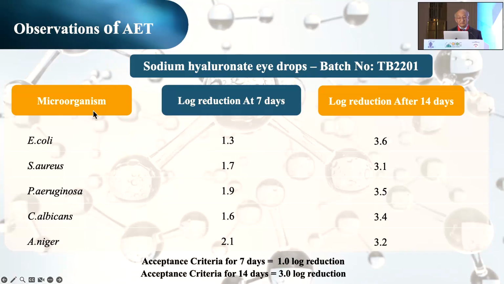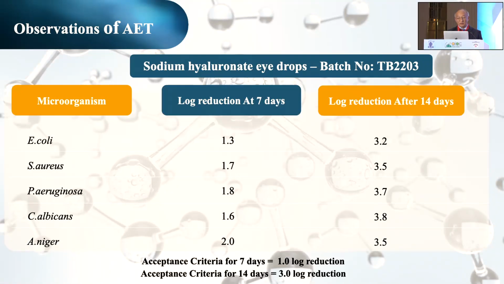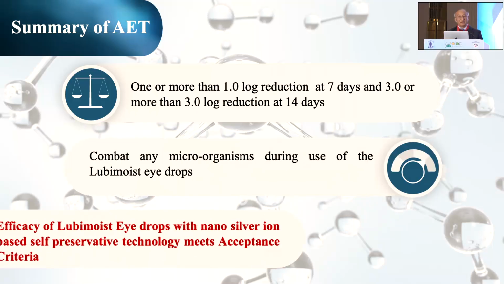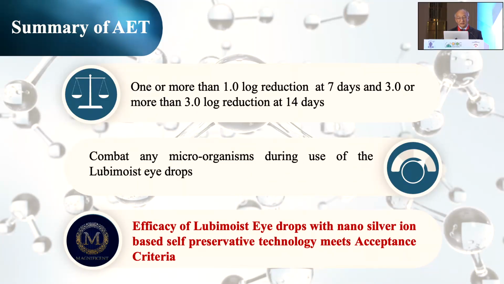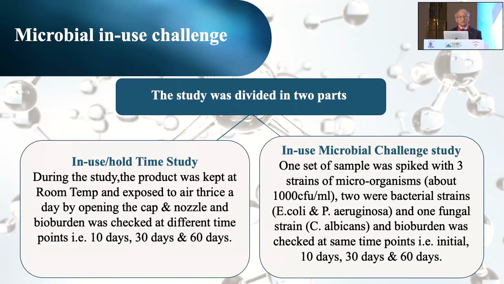So this is the challenge with microorganisms, right from gram-negative to fungus, and it is definitely more than the required log values. So this is the second batch. This is the third batch. In all 3 batches, it was very effective in decreasing the load of contamination in these cases. It was very safe. Lubimois with this technology is also acceptable. The second would be to challenge the bottle in terms of safety.